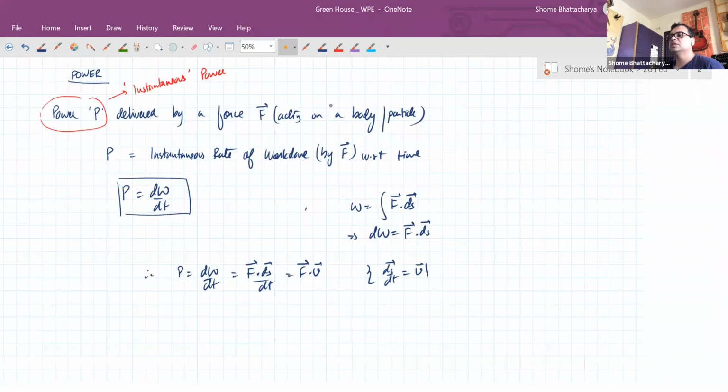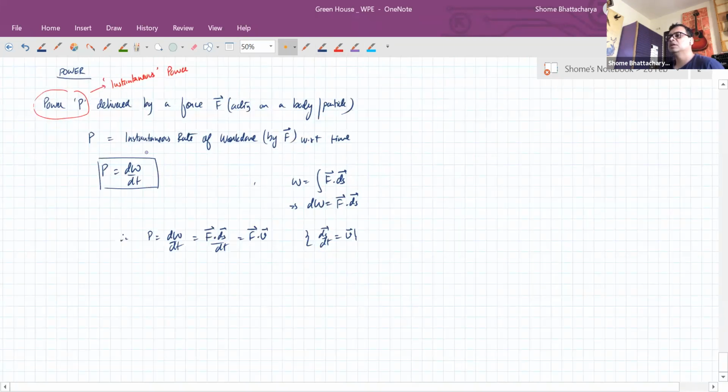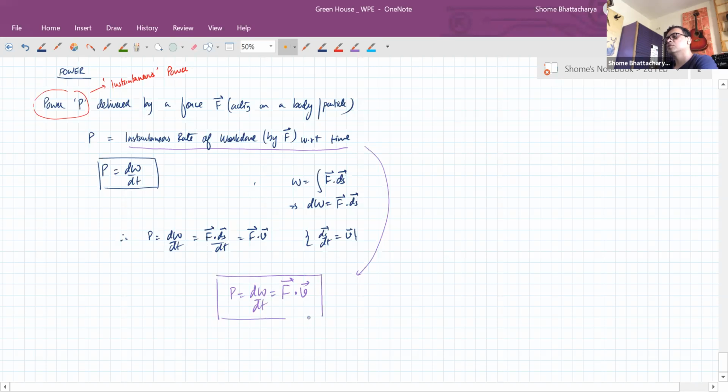While the definition of instantaneous power is the instantaneous rate of work done with respect to time, as a formula it also comes out to be the scalar product of force and velocity. So rate of work done with respect to time is equal to the dot product of F and v.